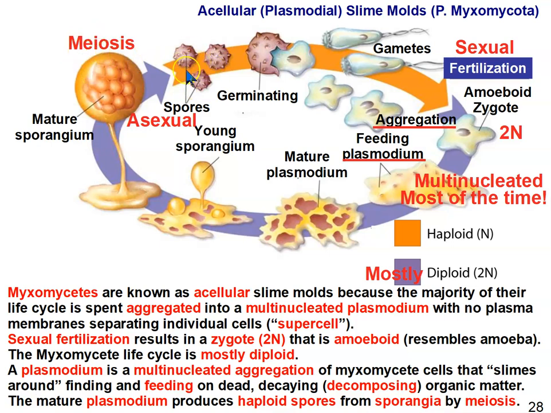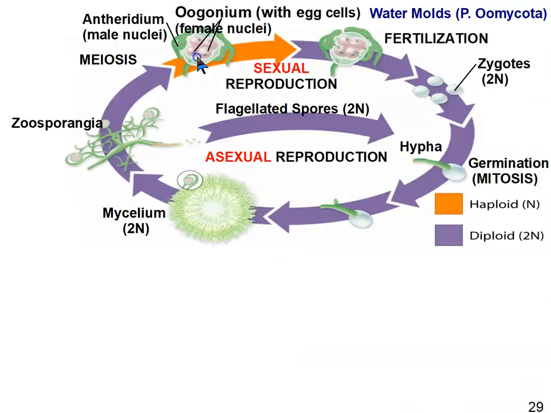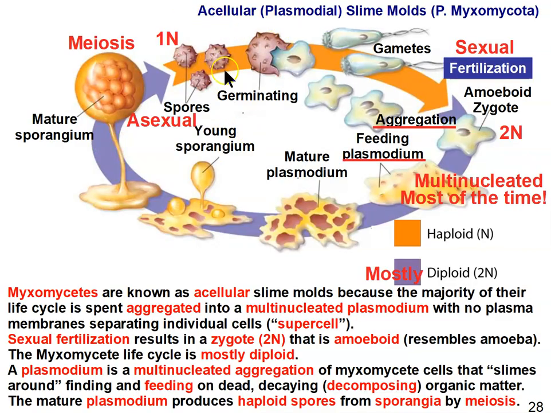So these spores then are, as you can see by the color coding, going back to being haploid. So we go from diploid back to haploid. The spores are haploid, 1N, and then they germinate and give rise to new amoeboid cells and gametes that then can fuse, and the sexual life cycle starts all over again.